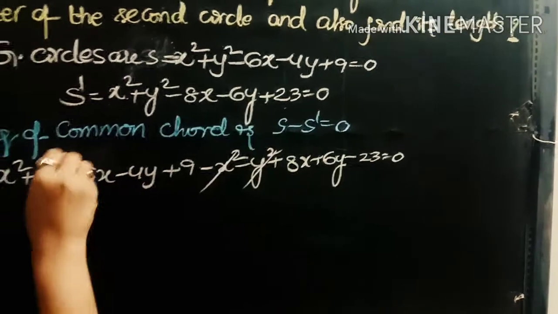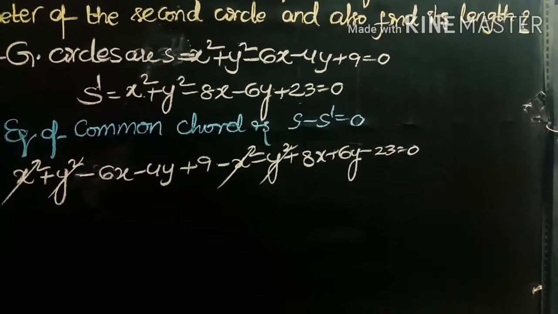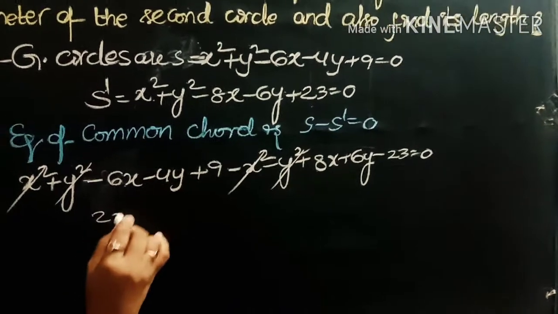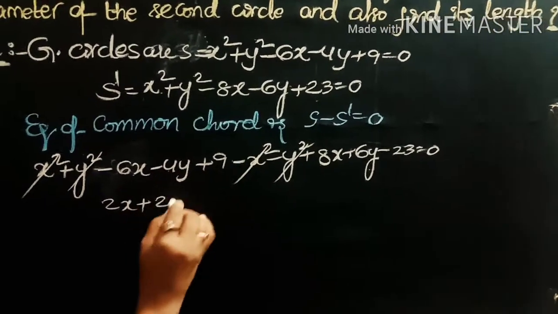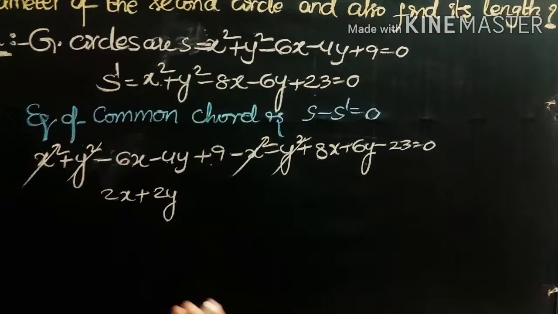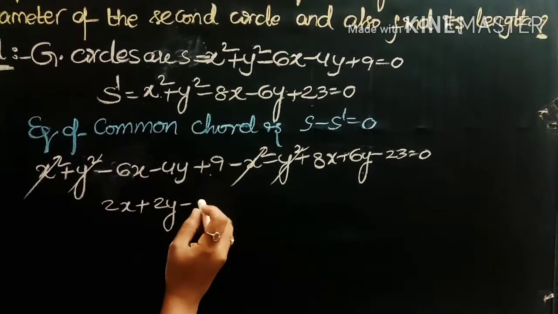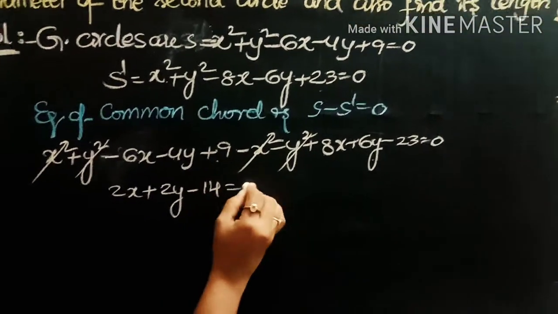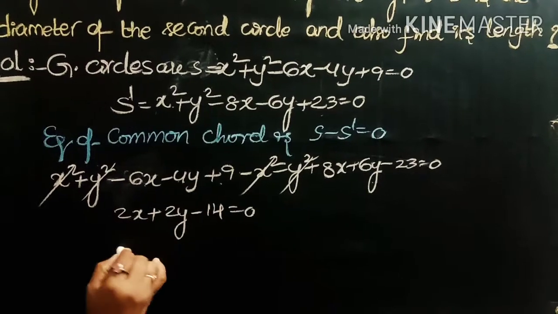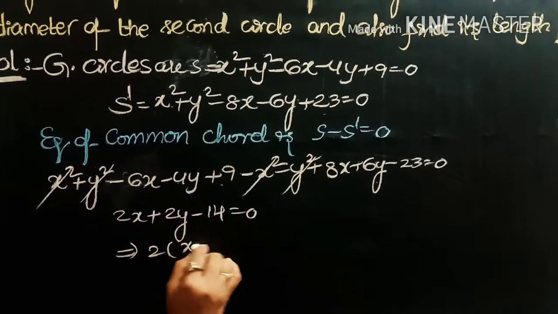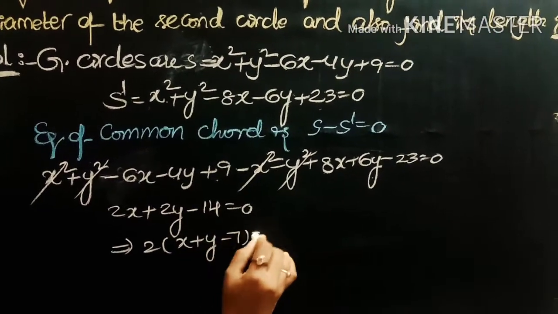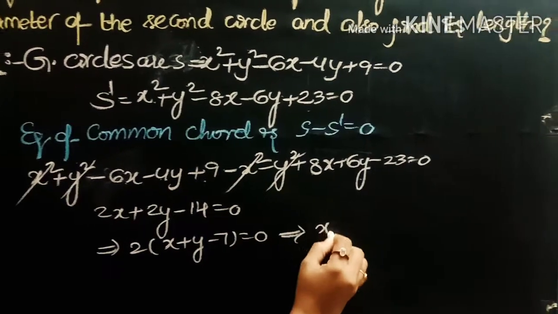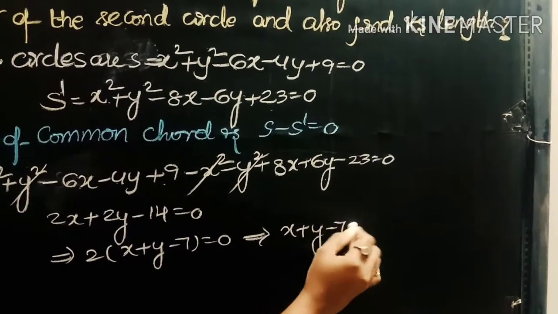Now x square and y square cancel with minus x square and minus y square. Now 8x minus 6x is 2x, 6y minus 4y is 2y, 9 minus 23 is minus 14, equal to 0. Now taking 2 common, 2 into x plus y minus 7 equal to 0. That is, the equation of the common chord is x plus y minus 7 equal to 0.